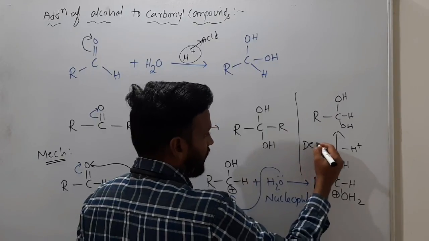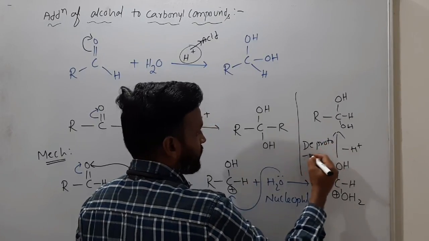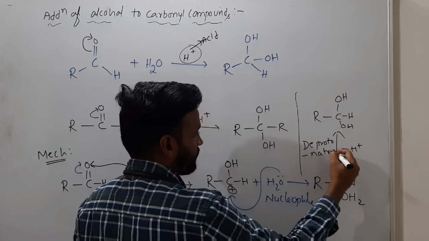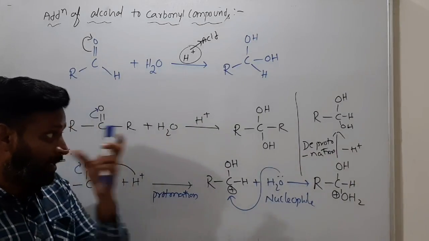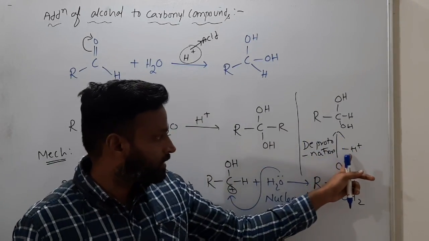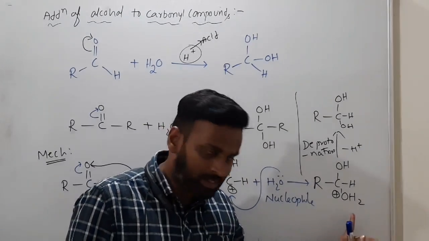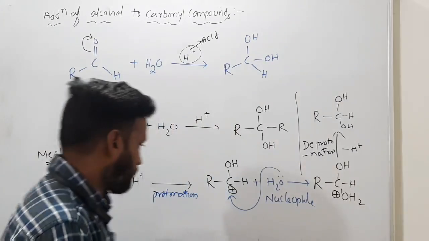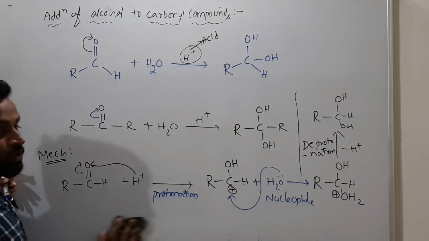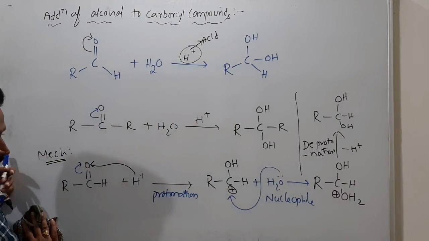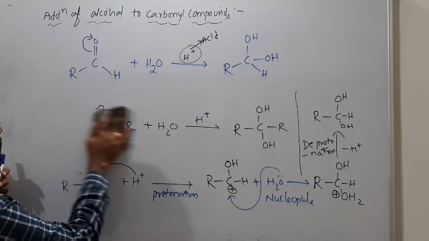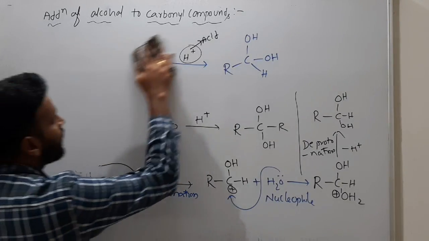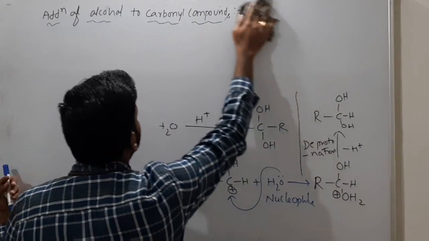Deprotonation, minus H plus. From this OH2 plus, oxygen has 3 bonds, so one H plus was removed. Write this down by taking a screenshot. Got it? So this is about the addition of alcohol and addition of water.